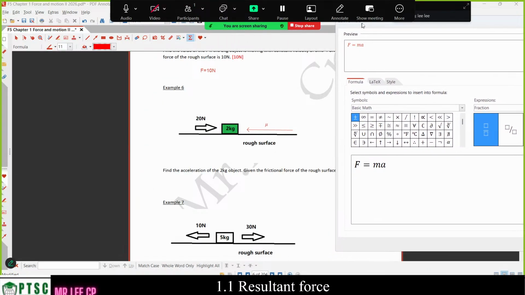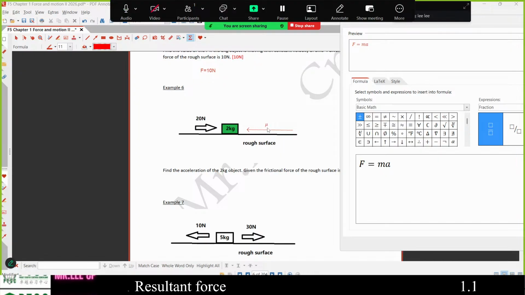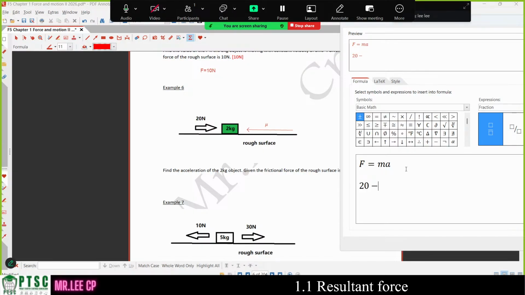F is 20 minus friction, big minus small. Will the frictional force be more than the applied force? If it were, the object would not move. But this one is going to accelerate, so this 20 must be more than the friction. So now 20 minus friction.